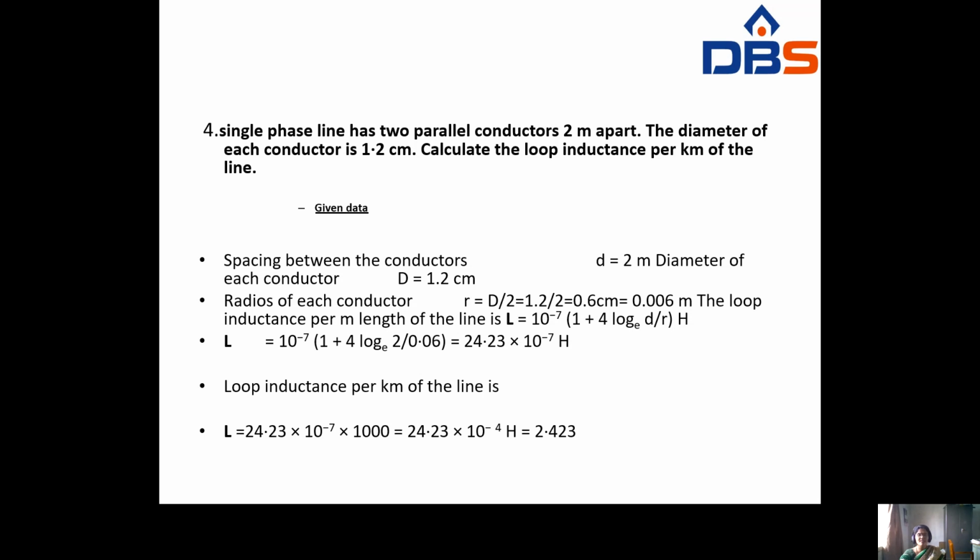The diameter of each conductor is 1.2 centimeters. Calculate the loop inductance per kilometer of the line. So here we have to find the inductance of that single-phase loop.